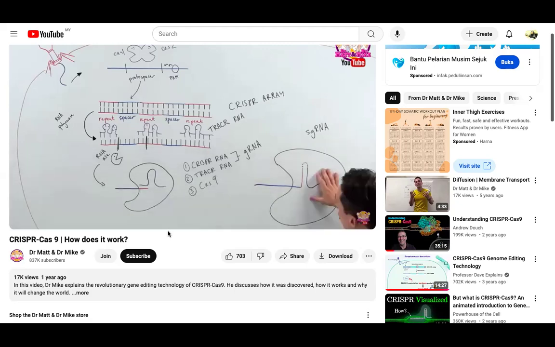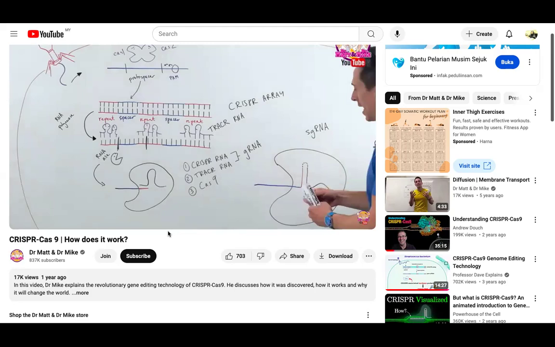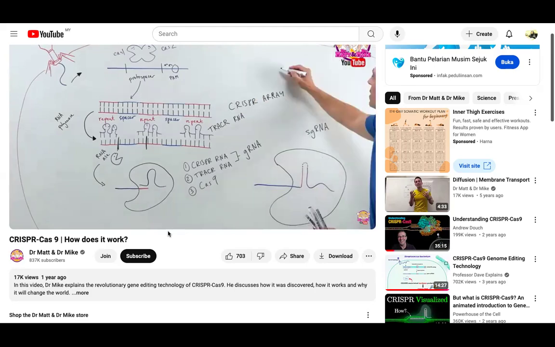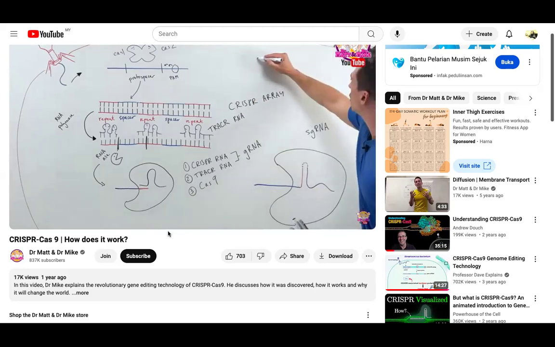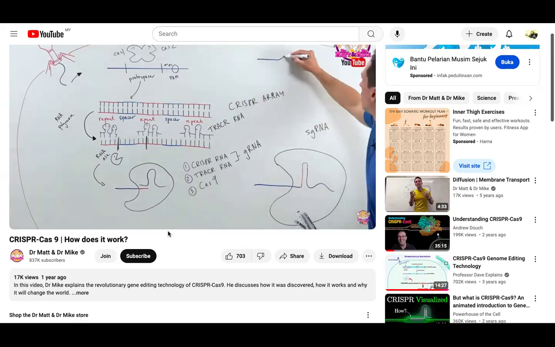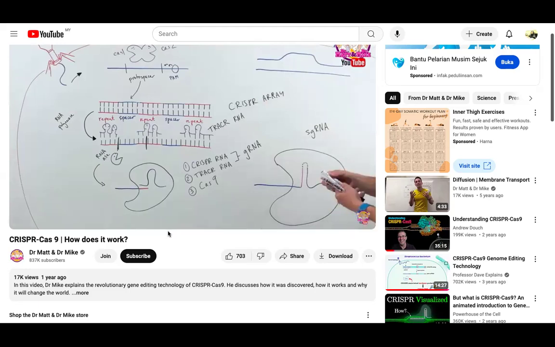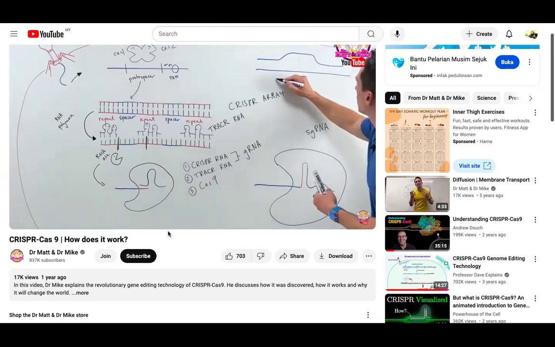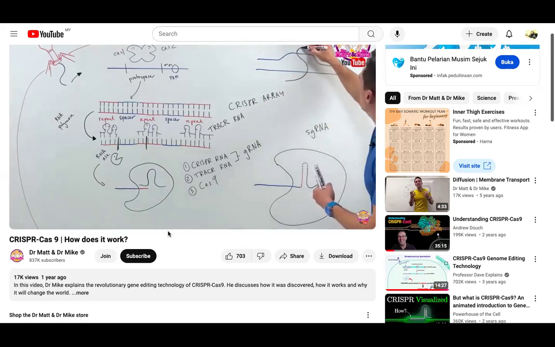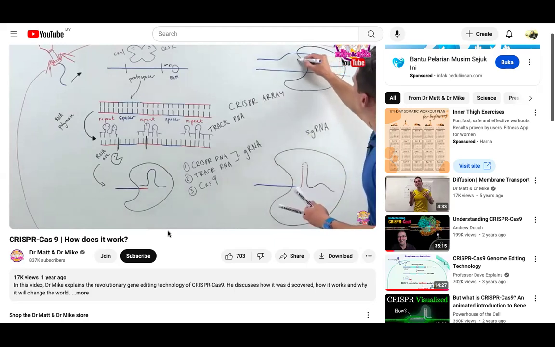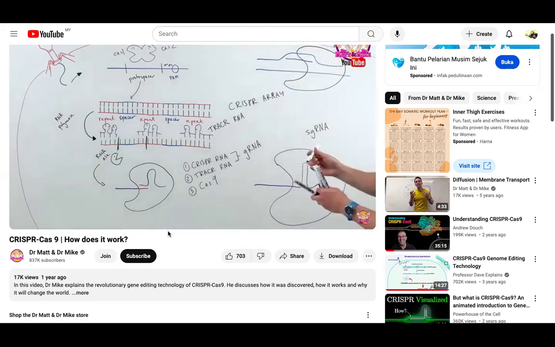Its function is this. When we get invaded, let's say, by another virus, and that virus incorporates its DNA, so let's say we've now got double-stranded DNA being injected by this virus. The Cas9 comes along, it has its spacer, and the spacer will be complementary to one of the strands of the virus, remember?